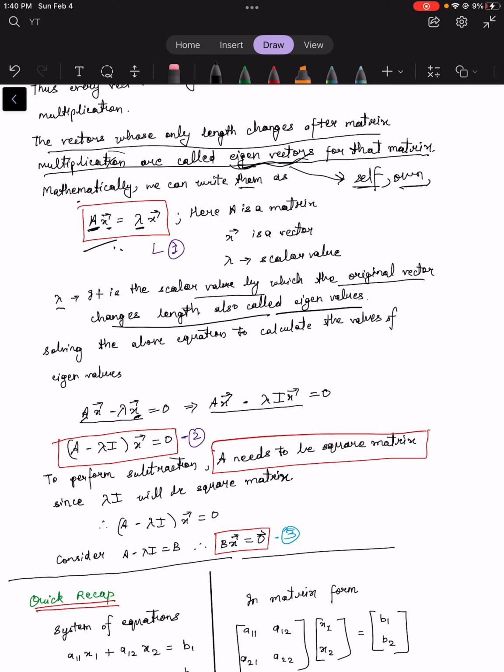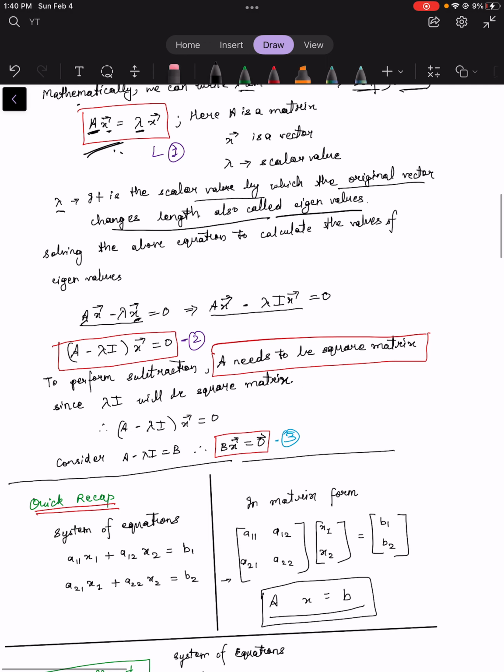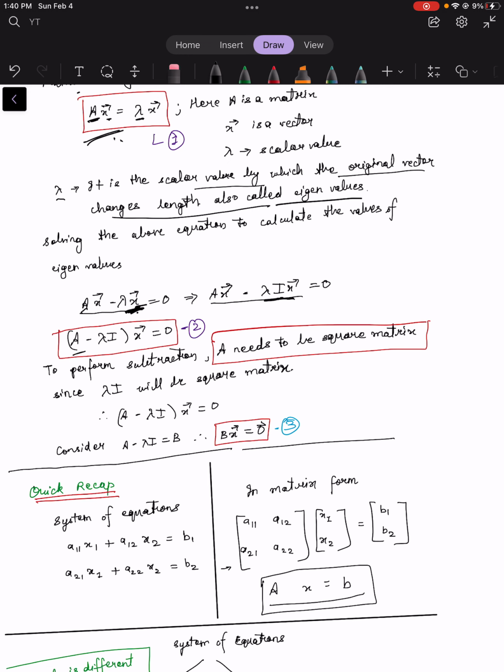Now, solving this equation, we get Ax minus lambda x. Now x is a vector, therefore we need to scale it up. We can write lambda x as lambda times I times x. Now we get (A minus lambda I), the whole bracket multiplied by the x vector.